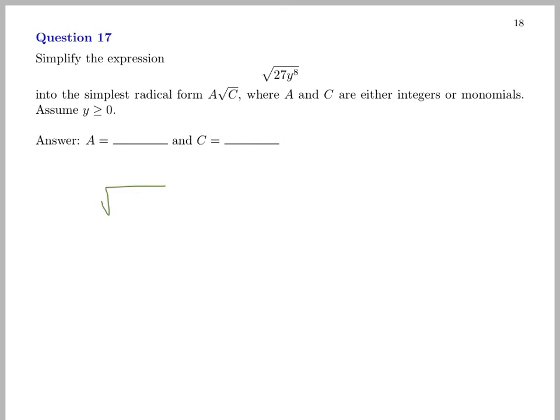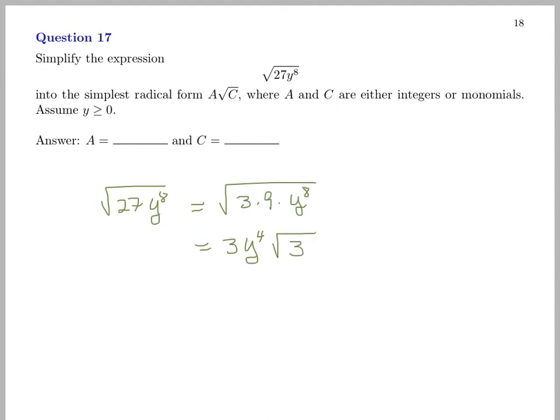We want to simplify this square root. So we remember that 27 is 3 times 9. So we can bring the 9 out of the square root by taking its square root, which is 3, right? So we get 3. And the y to the 8th we can bring outside because its square root is y to the 4th.